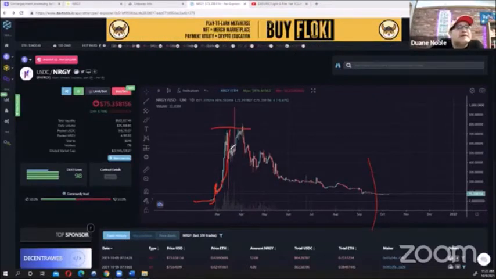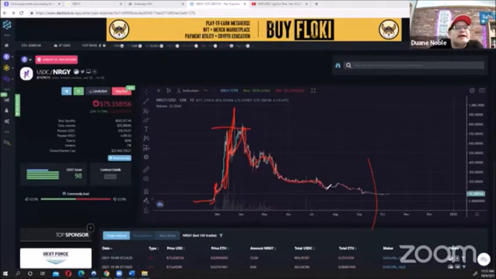From there, we had a really big spike down and then a spike right back up, which is significant of some major upside. NRGY went up to $980 before coming back down, worked its way back up a little bit, and then had its pullback.